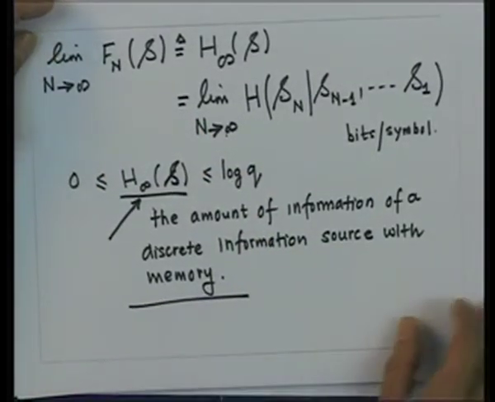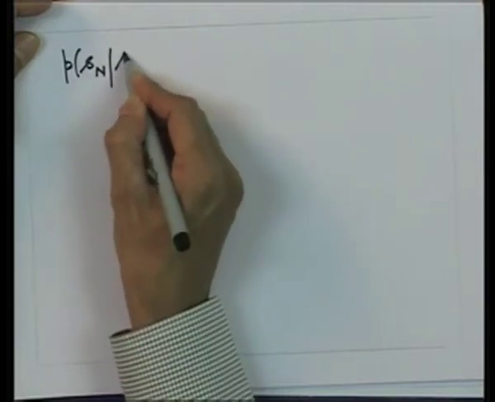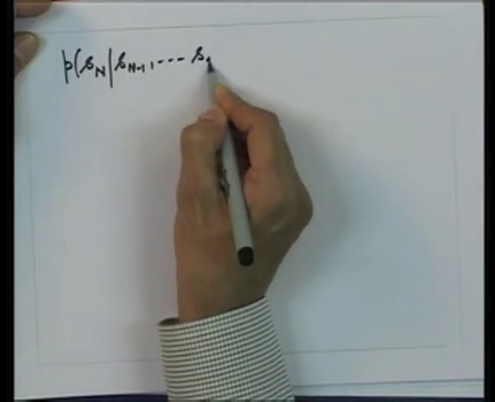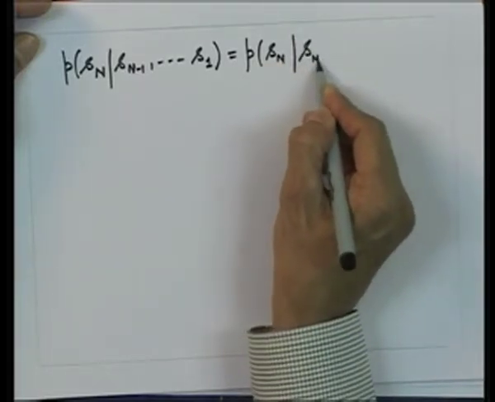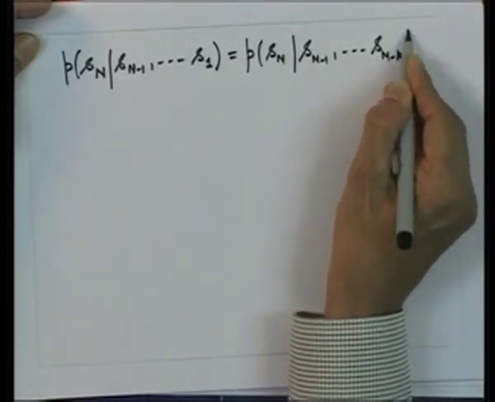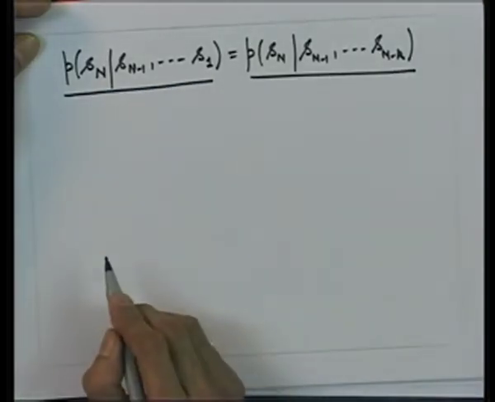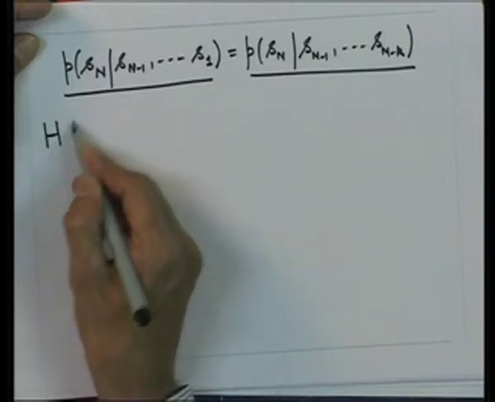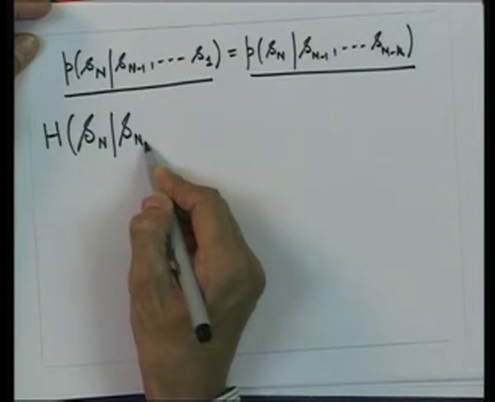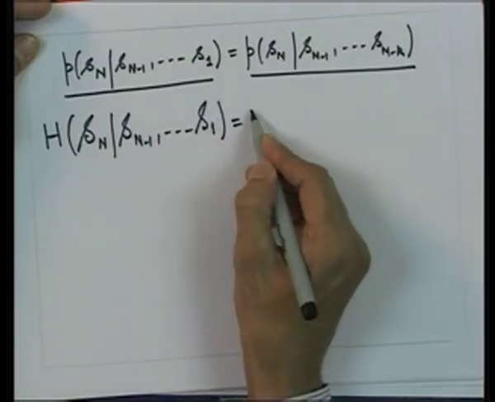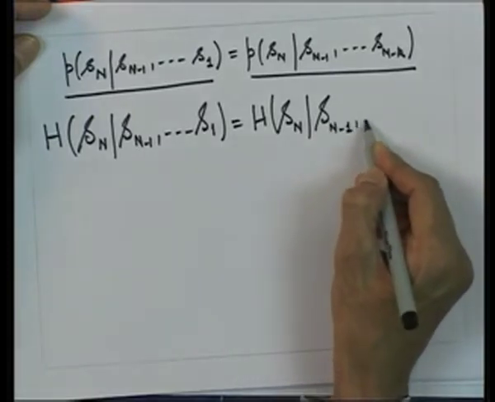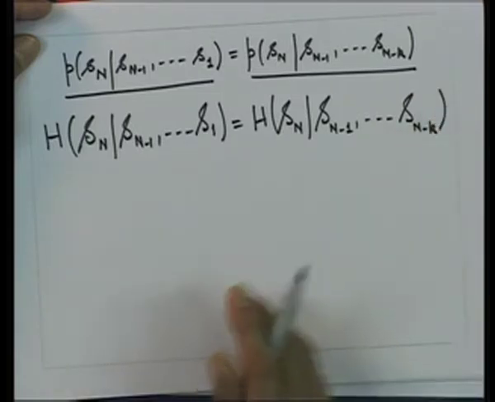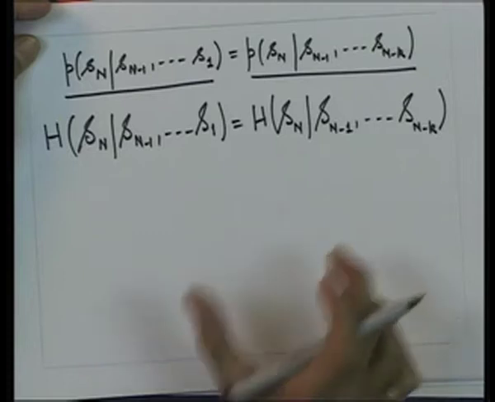This is very easy to appreciate, because probability of Sn given Sn minus 1 up to S1 will be equal to probability of Sn given Sn minus 1 up to Sn minus k when the Markov source is of kth order, and if this relationship is valid, then H of Sn given Sn minus 1 up to S1 would be equal to H of Sn given Sn minus 1 up to Sn minus k, because only k preceding symbols will come into the picture.